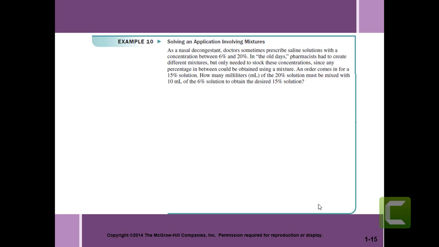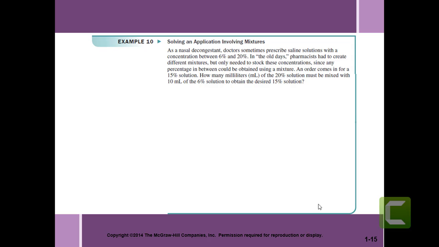So you could have 6% and 20%. So you didn't have to have a whole wide range of concentrations because they knew that they could just dilute and do any mixture of the two to get the desired concentration that was prescribed. Okay, so now an order comes in for a 15% solution.